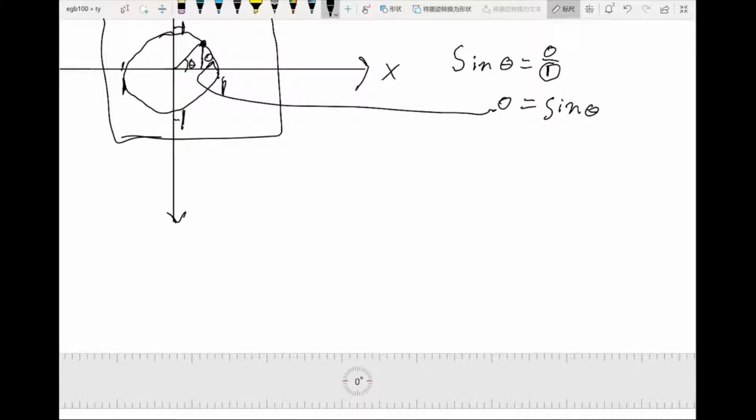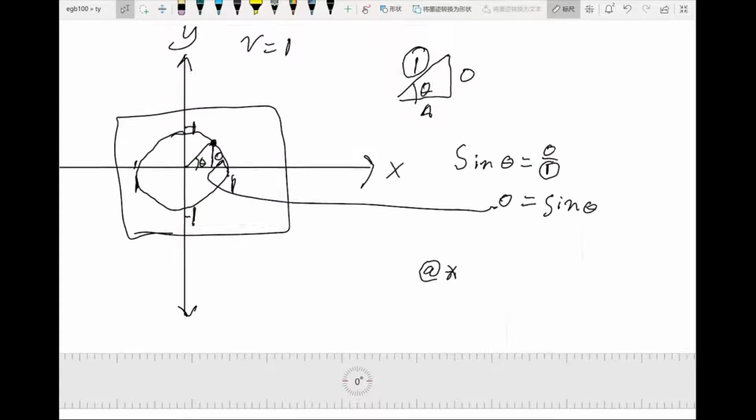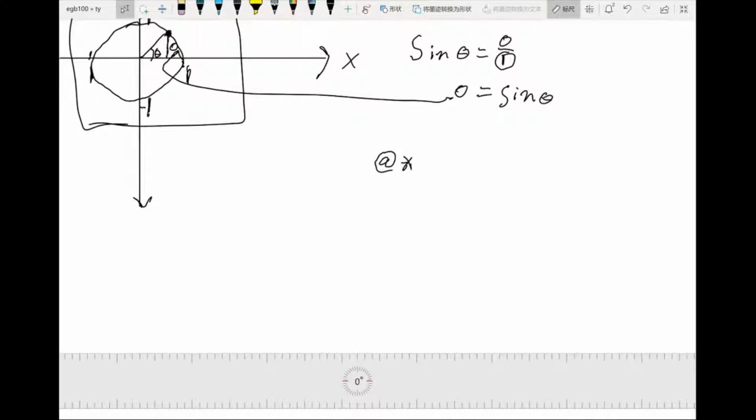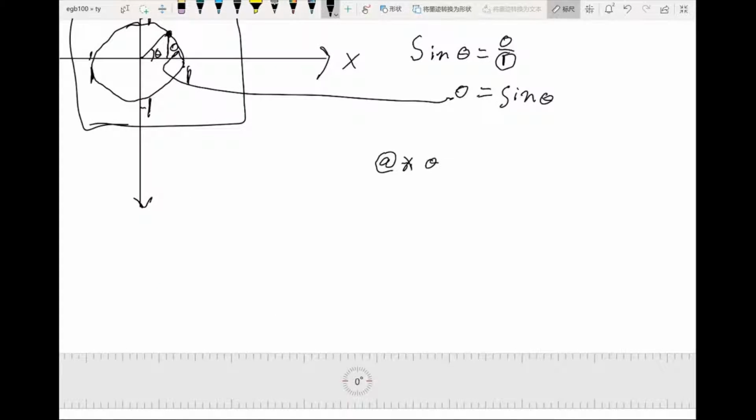Therefore, we can say that at a place x on the unit circle, the value of y, or y of x, is equal to sine theta.